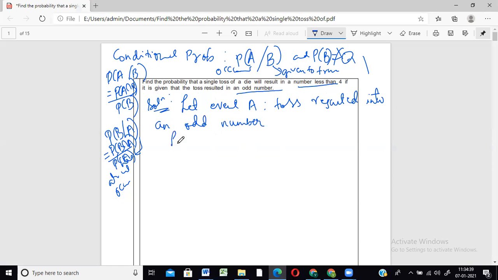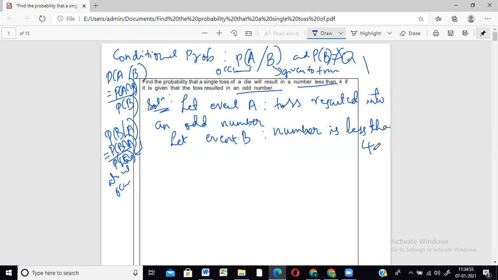The next one, as I said, we have two events, so let event B be such that the number is less than 4.